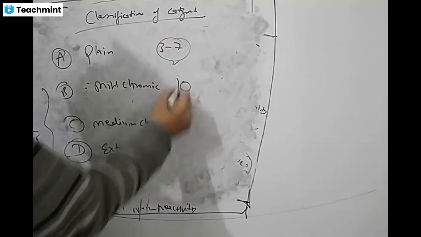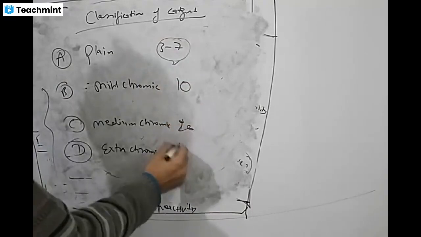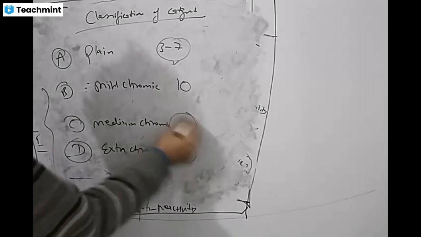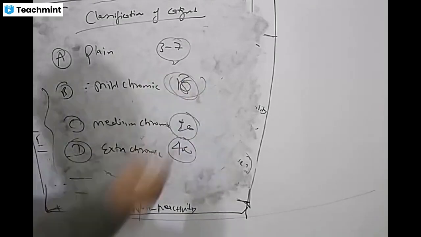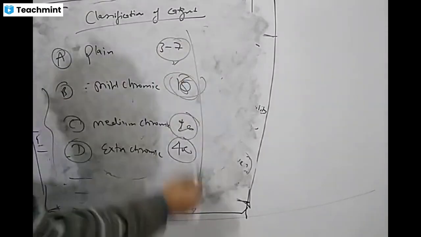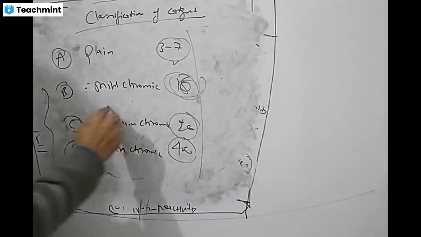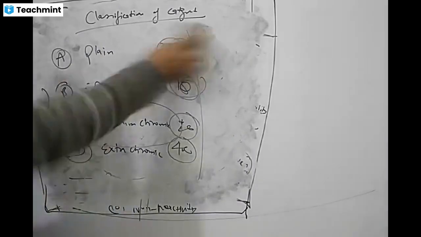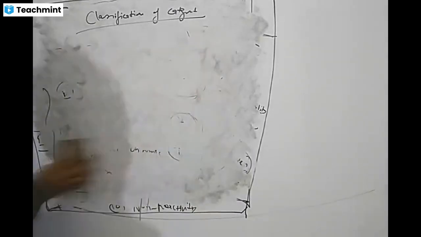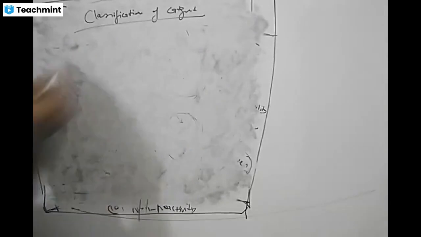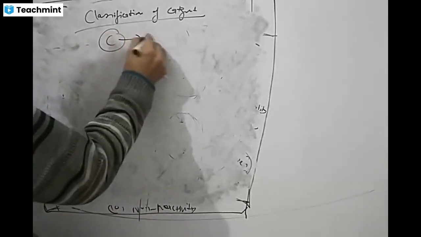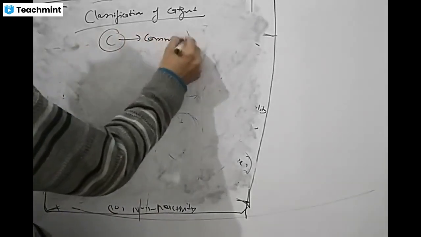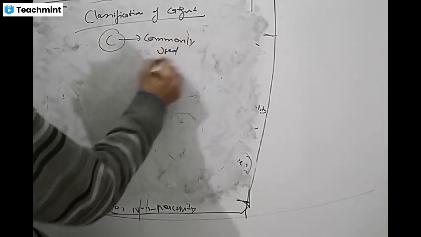Within 10, 20, 40 days, as you can say in books, they may be absorbed. But the more important is type C. Type C is the commonly used catgut.